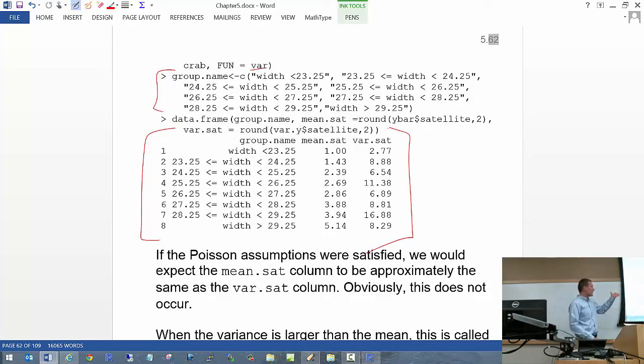Group 2, mean 1.43, variance 8.88. And you can keep on going, looking throughout, and you can see consistently the variance is higher than the mean. Sample variance is higher than the sample mean. This is an ad hoc way to show that we do have overdispersion with this data.